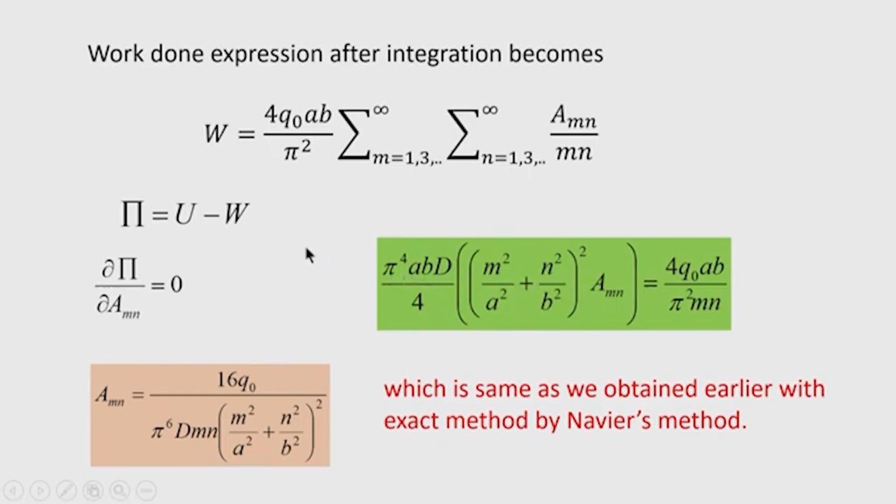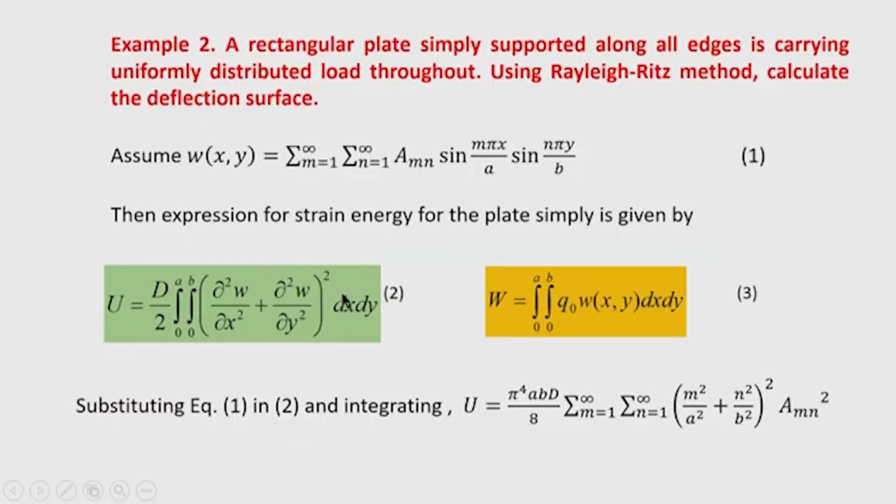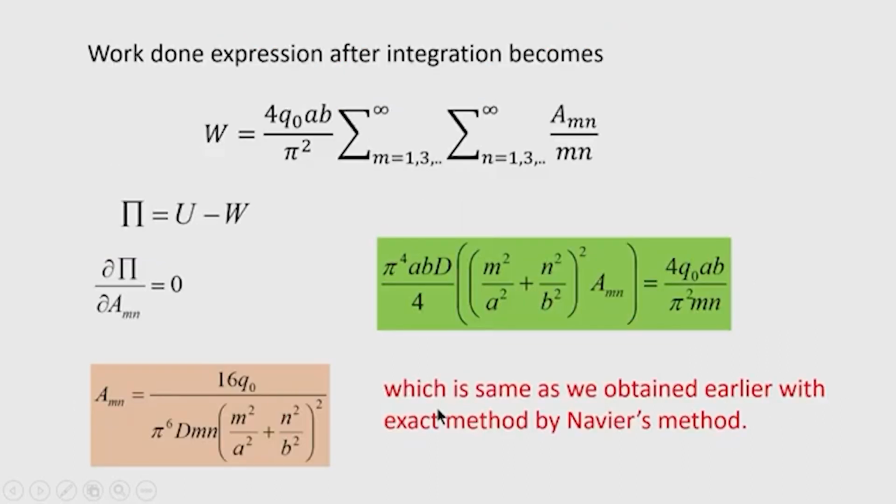When the strain energy expression is differentiated with respect to a m n, we get pi to the power 4 a b D divided by 4, with the other terms already there, and a m n differentiated with respect to a m n is 1. On the right hand side we get 4 q naught a b by pi square and the other terms with m n.